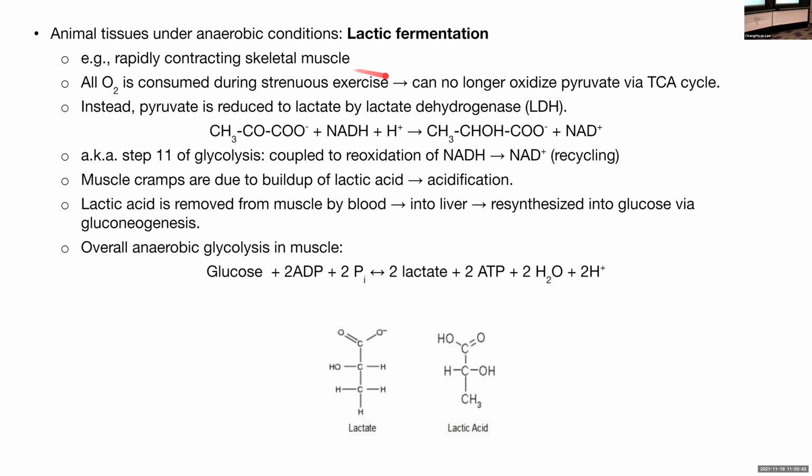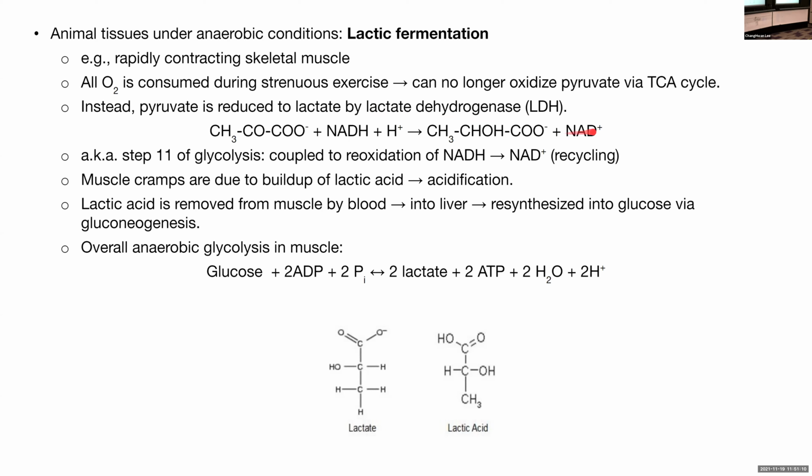So that means no oxygen is provided for oxidizing the pyruvate. So it cannot go through the TCA cycle where it generates more energy, but instead, this pyruvate is again reduced instead of oxidized to lactate by this enzyme, lactate dehydrogenase or LDH.